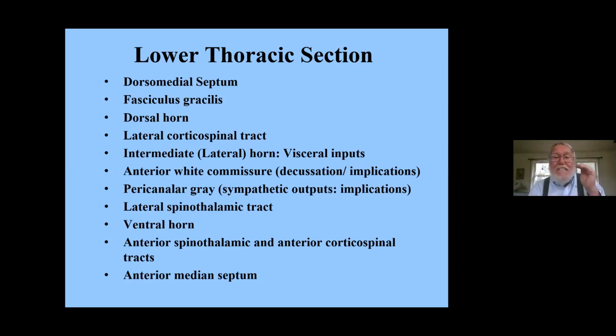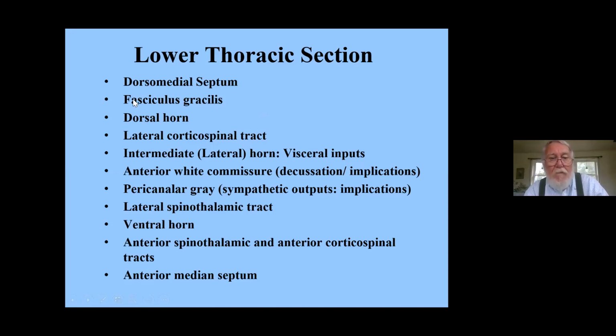All 12 thoracic segments have this additional lateral horn, whereas the lower thoracic segment only has the dorsomedial septum and therefore only the fasciculus gracilis. The upper thoracic segment will have dorsolateral septi that divide the fasciculus gracilis from the fasciculus cuneatus.